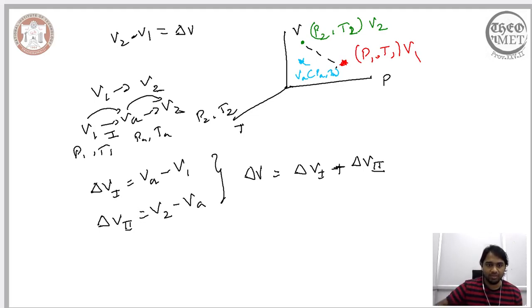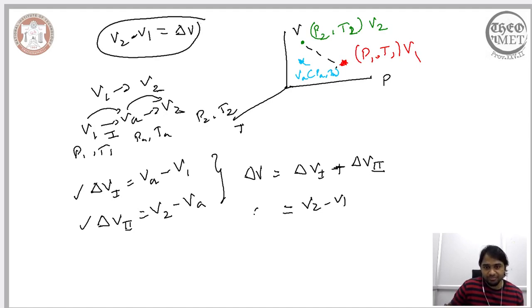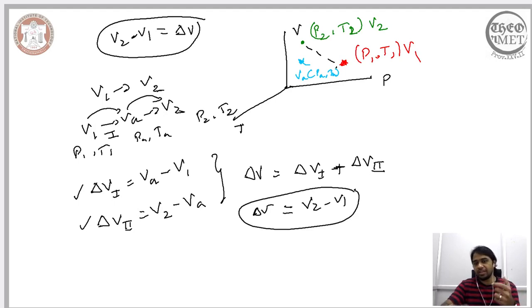And now we have to calculate the overall volume, and when we do that, we will observe that these VA terms will get cancelled, and we will ultimately end up with this expression here.